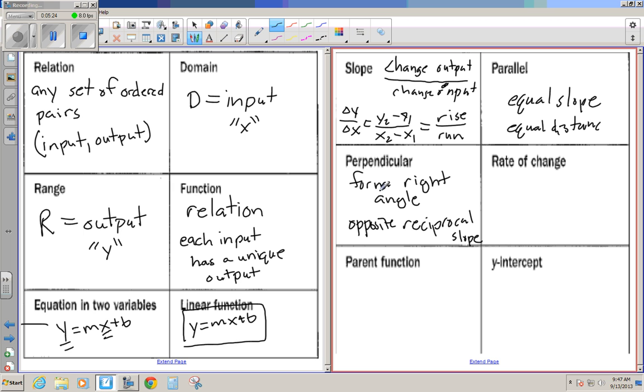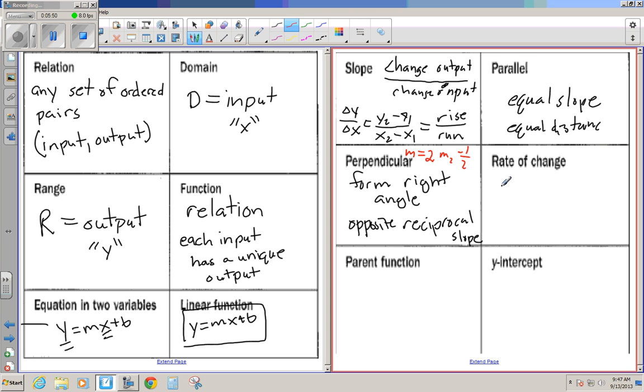So basically what you'll have here, if one slope is 2, then the other slope is negative, the opposite of the reciprocal. So the reciprocal is 1/2. The opposite of positive 2 is negative.